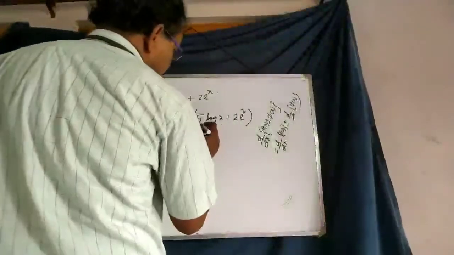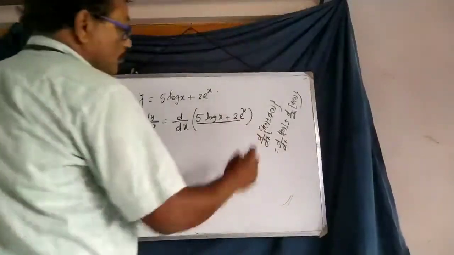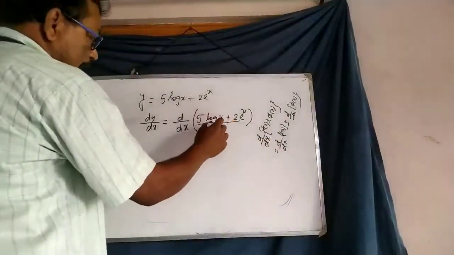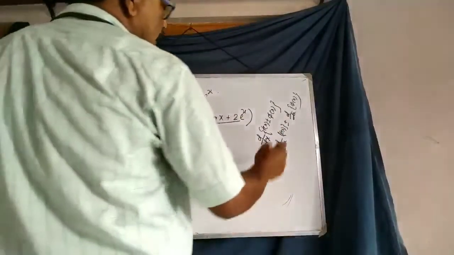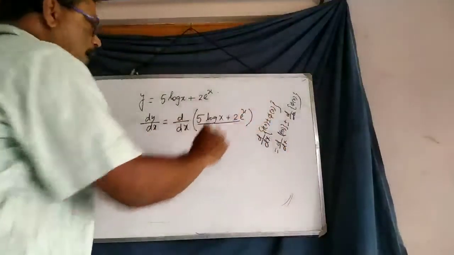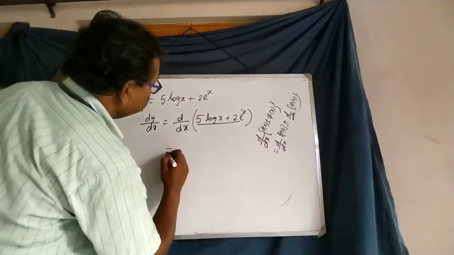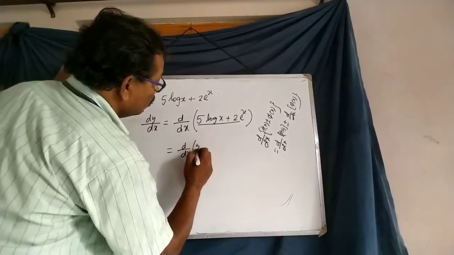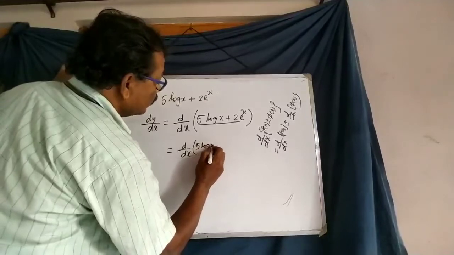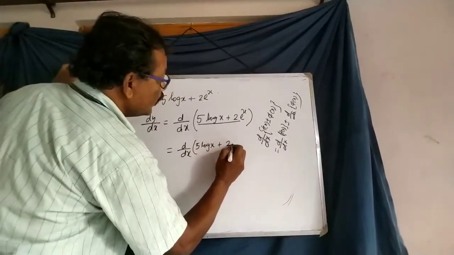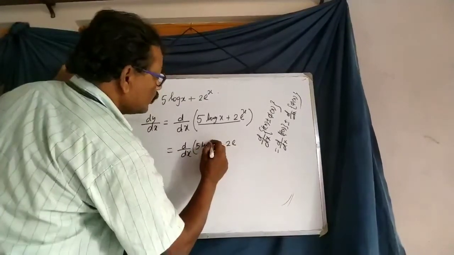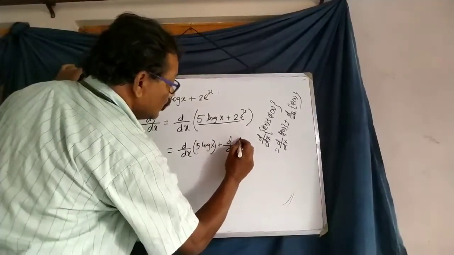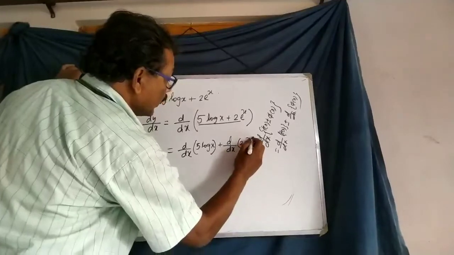If we compare this 5 log x plus 2 into e to the power x with f(x) plus minus phi(x), then we will get 5 log x is f(x) and 2 into e to the power x is phi(x). Therefore, d/dx of 5 log x plus d/dx of 2 into e to the power x.